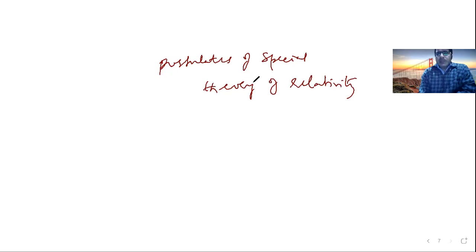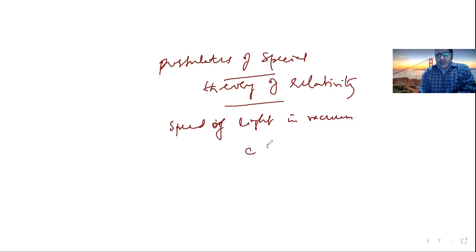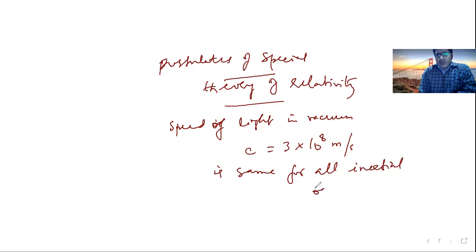One of the postulates is that the speed of light in vacuum, c, which is approximately 3 into 10 raised to 8 meters per second, is the same for all inertial observers.